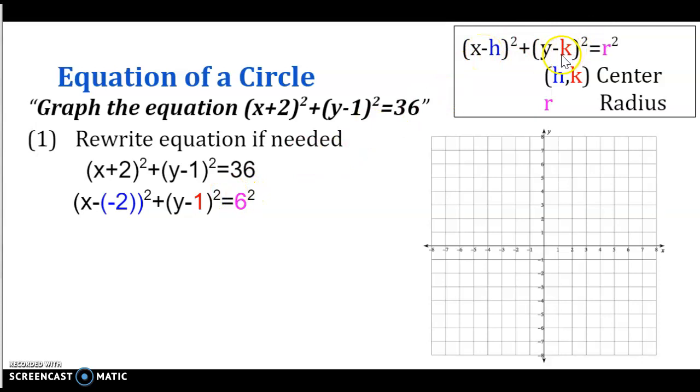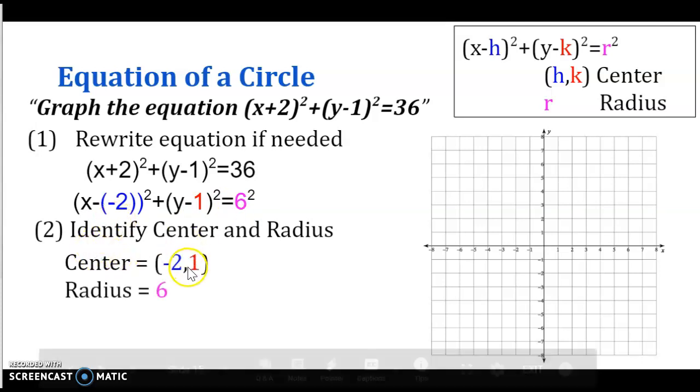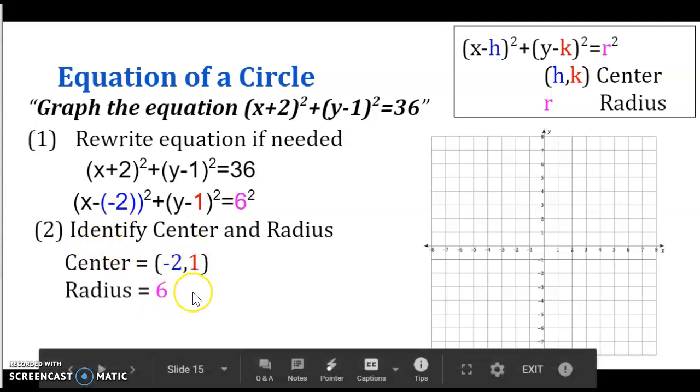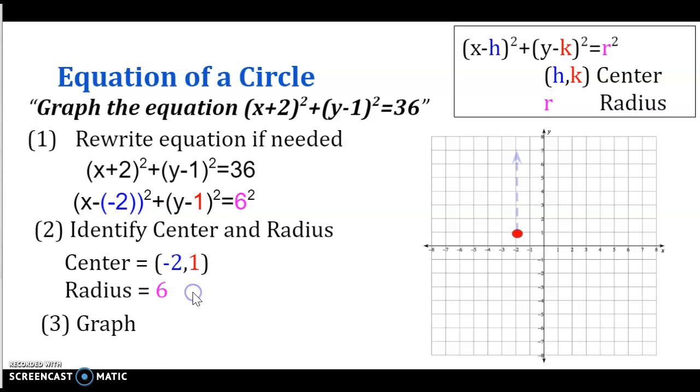And we have this negative sign right here as well. So it's y minus whatever the k constant is. Okay, and then the radius. So then identify the center and radius. So the center is negative 2, 1, and radius is 6. So from here, I mark my center, and then go 6 units in all directions, mark my 4 points, and then finally draw my circle. Okay, simple as that.